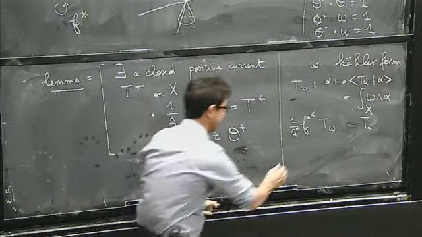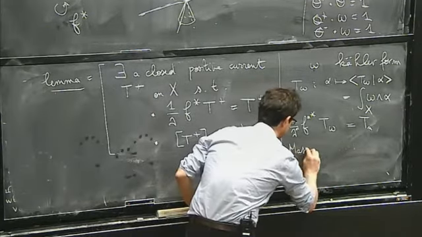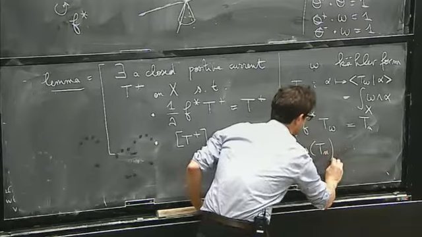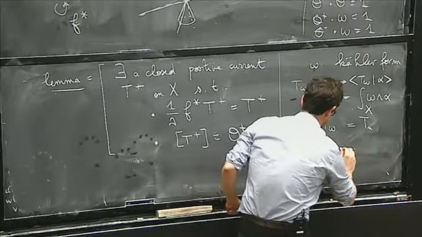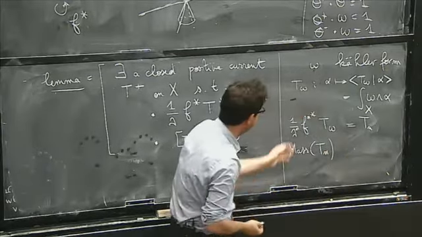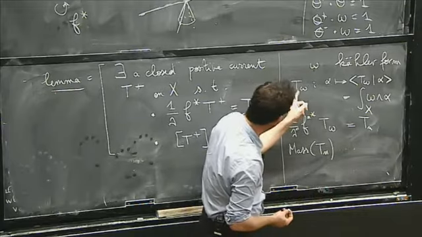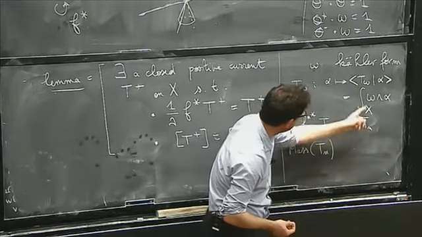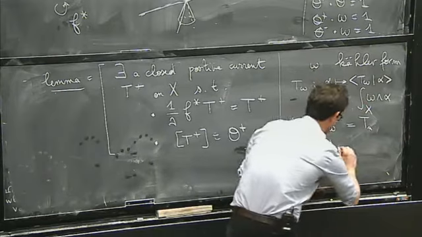So the mass of Tn, which was defined this morning by Eric, is the value of Tn on the Kähler form omega. Okay, so it's.